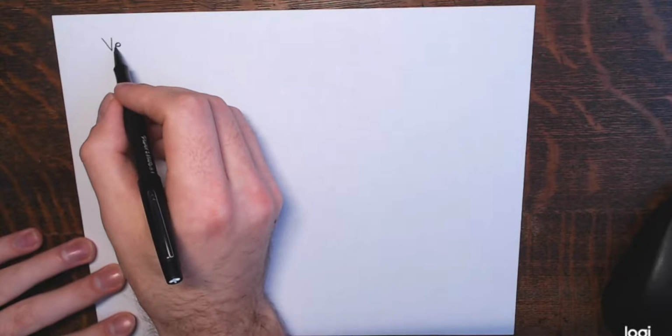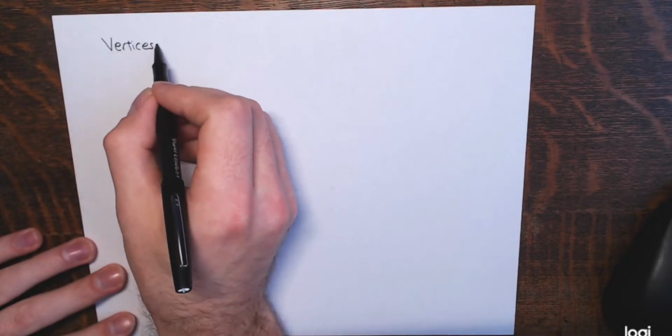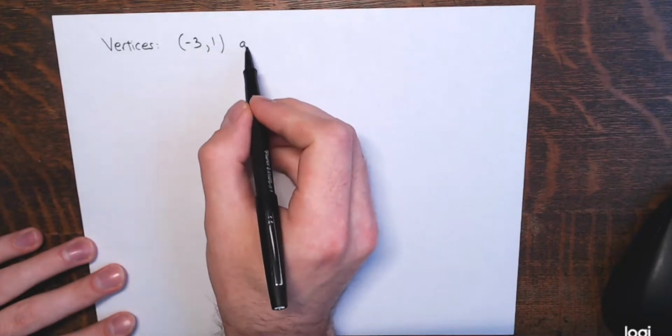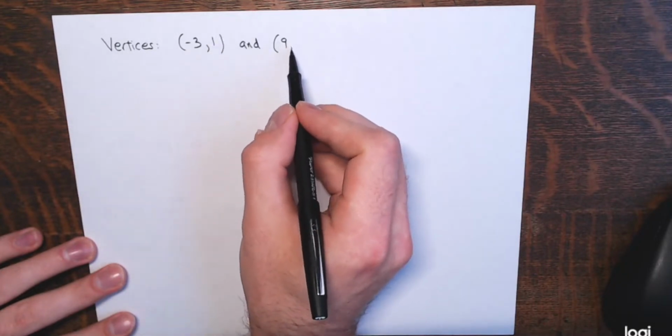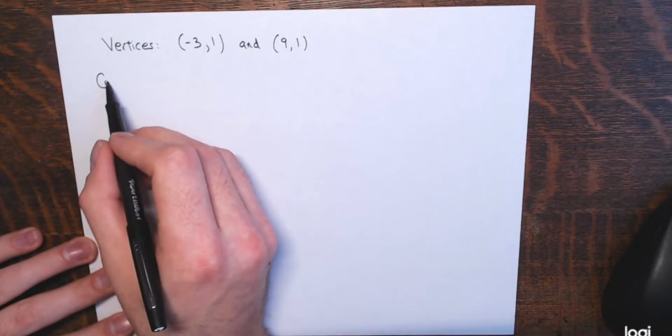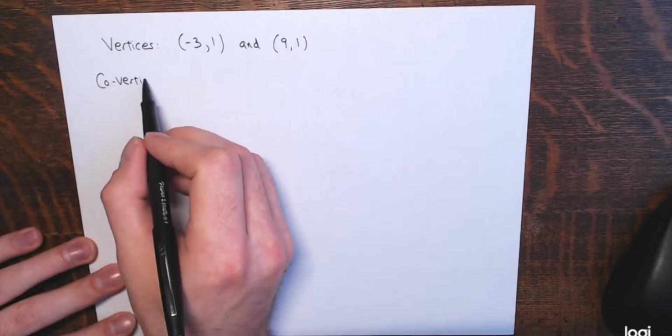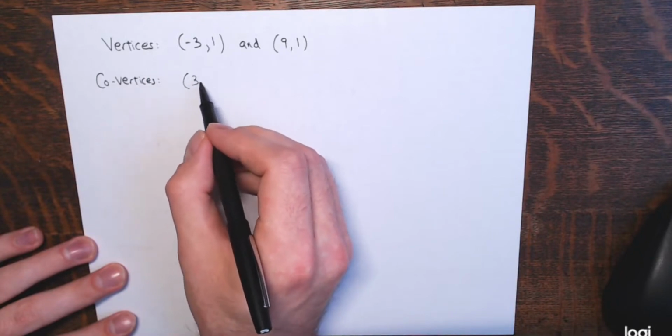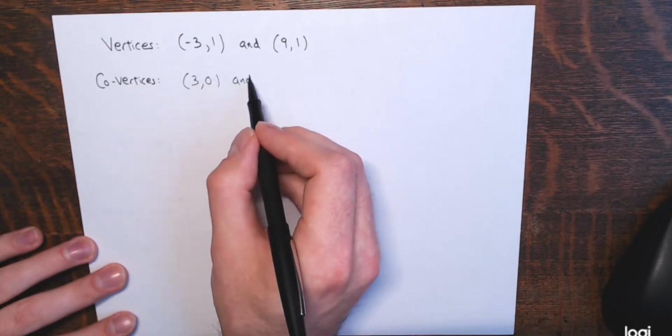So this time the vertices are the points -3, 1, and 9, 1. And the co-vertices, right, the ends of the minor axis, are at 3, 0 and 3, 2.